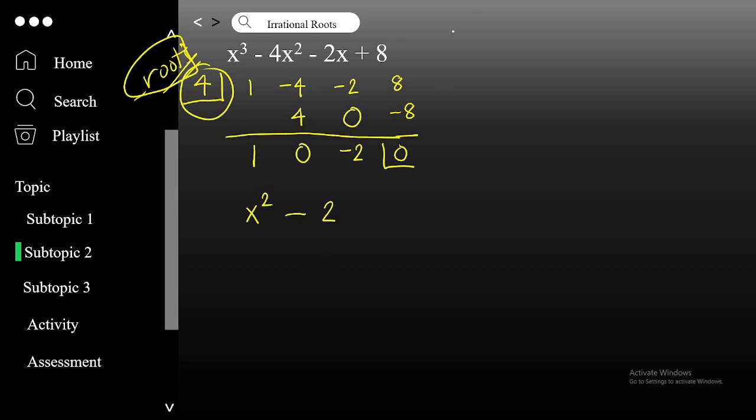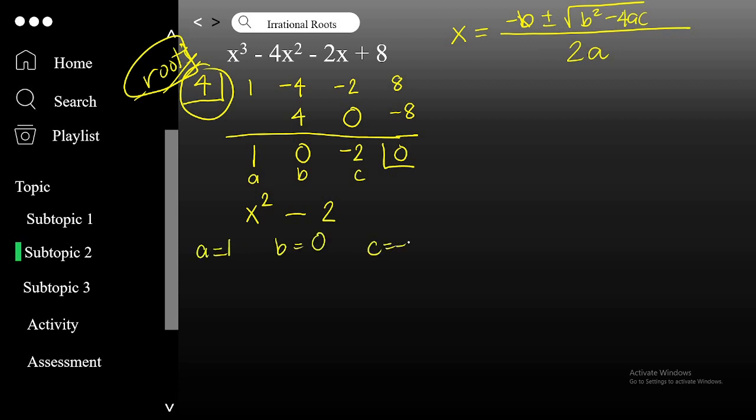Instead, we will use the quadratic formula. That is -b plus minus the square root of b squared minus 4ac all over 2a. So take note, go back to your synthetic. The 3 numbers here are simply the values of a, b, and c. Therefore, our a is 1, our b is 0, and our c is -2.